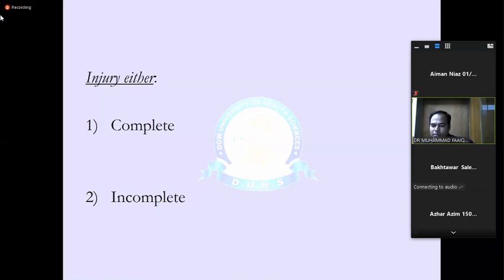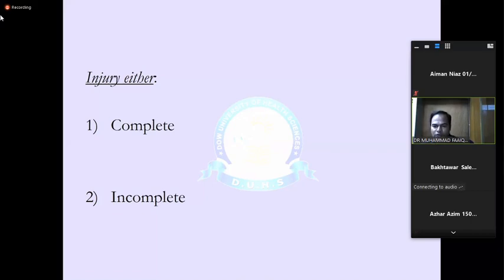Spinal cord injury may be complete or incomplete. Complete means no motor, no sensory, no autonomic function is intact. What is complete cord injury? Complete cord injury means no functions are preserved: motor, sensory and autonomic, all three functions are lost. And what is incomplete cord injury?